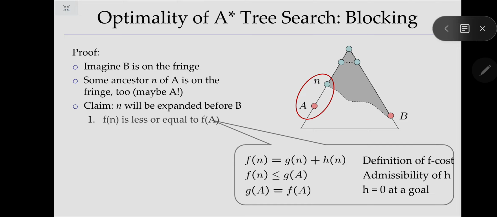Otherwise, if A is not in the fringe, we have a path between the starting node and A because our tree is connected.